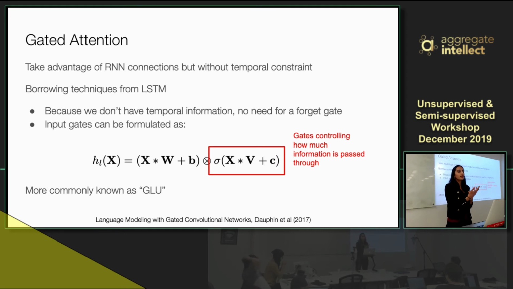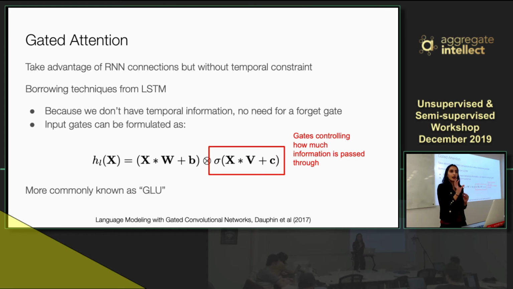That was important because you can't memorize everything; there'd be information from, I don't know, 10 days ago that you're just not interested in anymore, and you need to take that into account when you're updating an RNN.